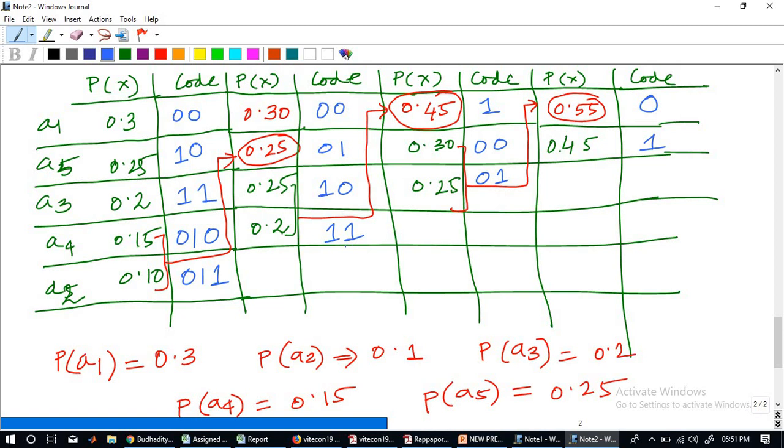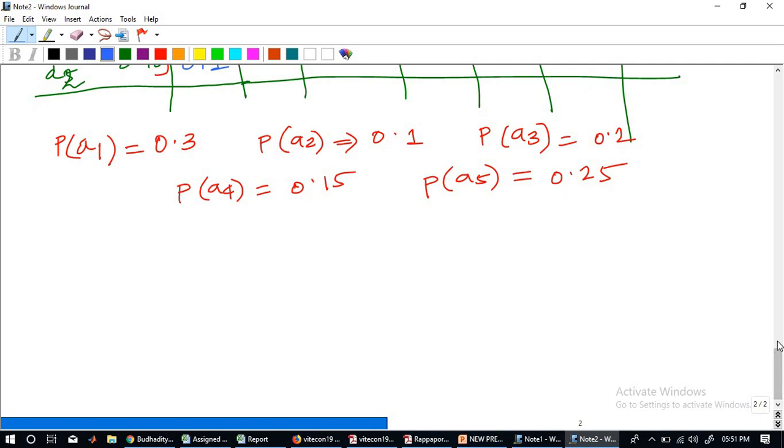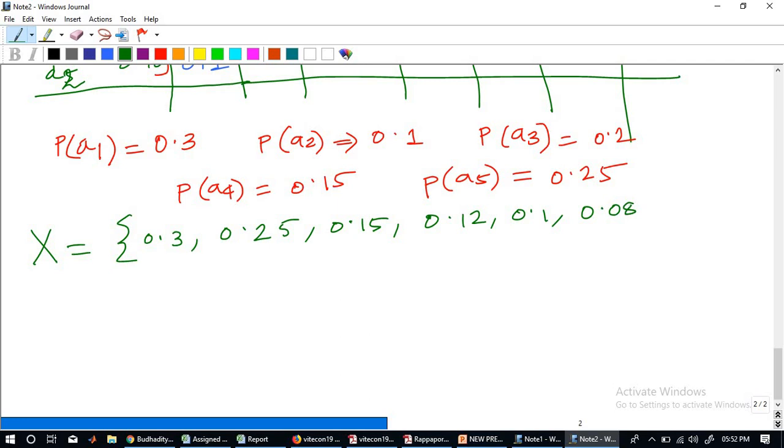I'll give 2 tasks for you. Tomorrow when we are coming back, just give me the answers. One is, given the probabilities, just practice this, okay. X has probabilities 0.3, 0.25, 0.15, 0.12, 0.1 and 0.08.